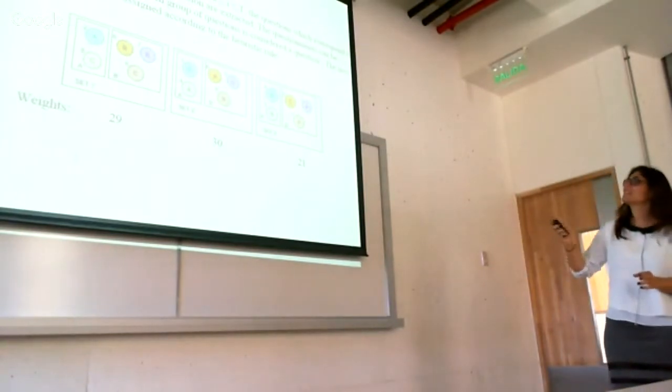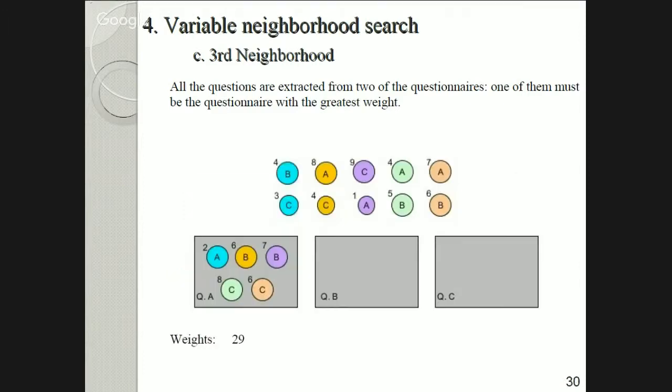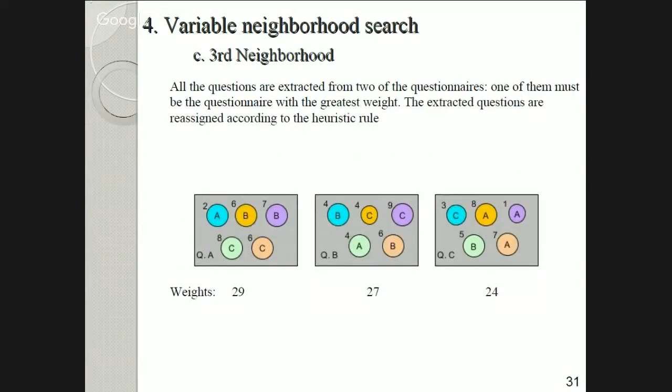And then the third neighborhood, what we do is we select the questionnaire with the most weight and any other questionnaire, and we deassign all the questions from those two questionnaires. For example, in this case, the questionnaire with the most weight is this one, and we select this other one. We deassign the questions from these two questionnaires, and we reassign them again using the heuristic rule.